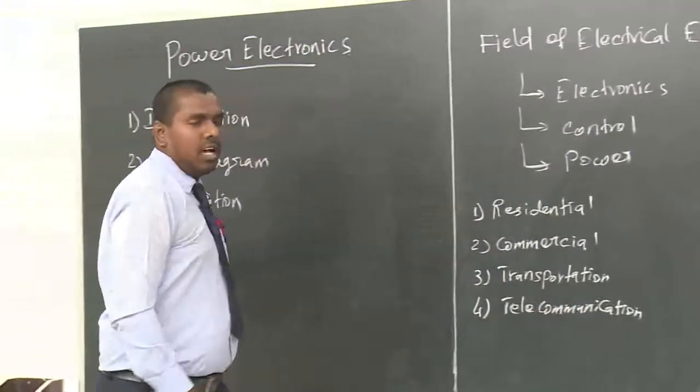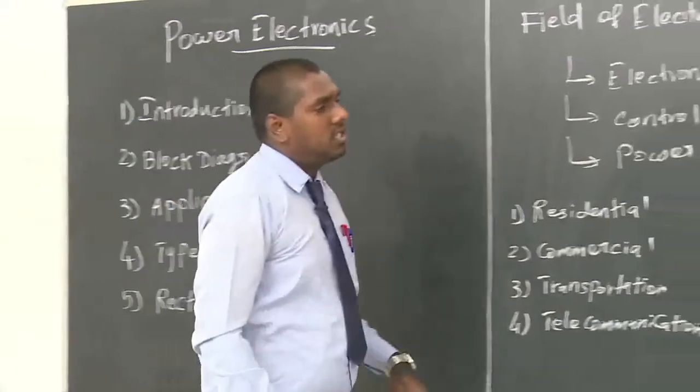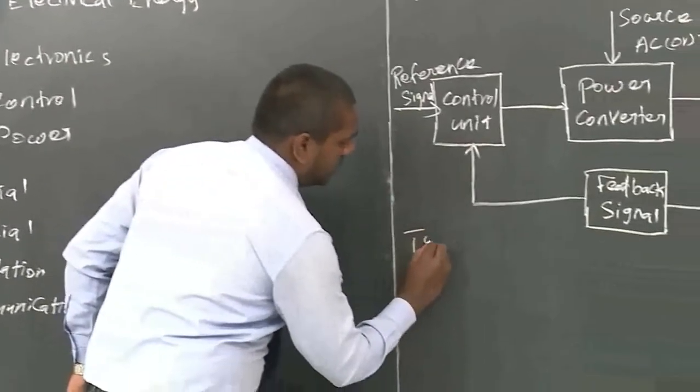Then next is types. What are the different types of power electronic systems?